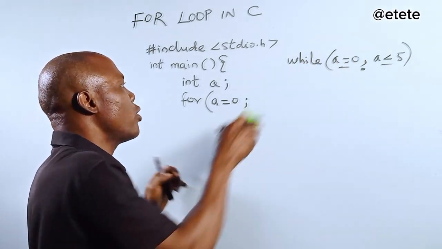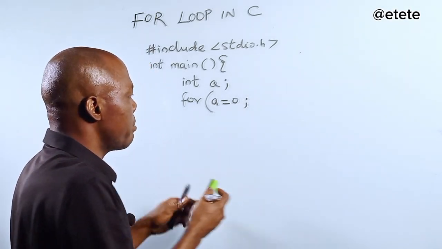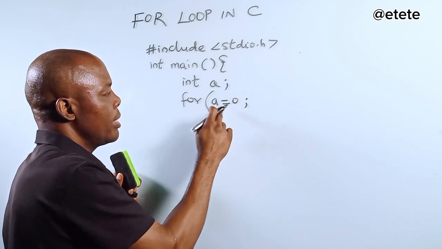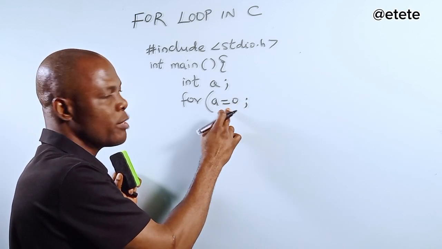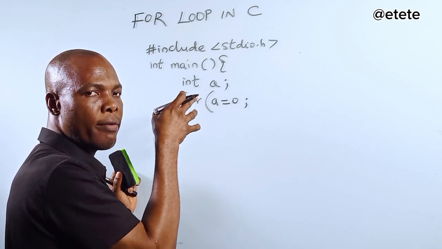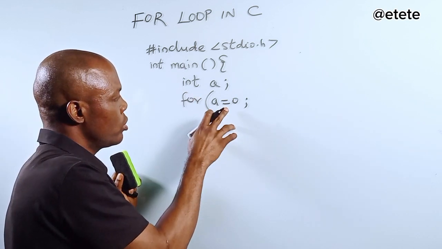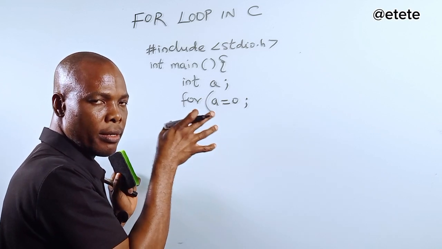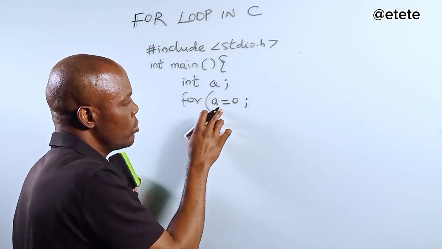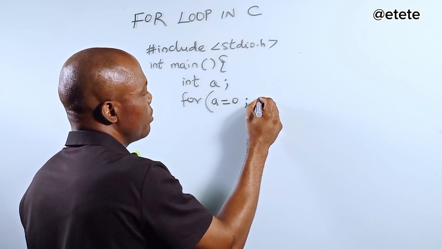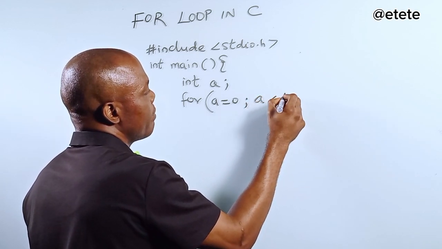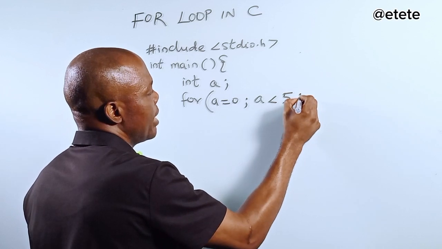But in the case of a for loop, I am always mandatorily going to have this here. These are optional. I can leave this place blank. That I will show you when I'm teaching you for loop variation. So this is the standard for loop. So this is assign a to this. Then the condition, I'm going to say a less than 5. Then I'll do this again.